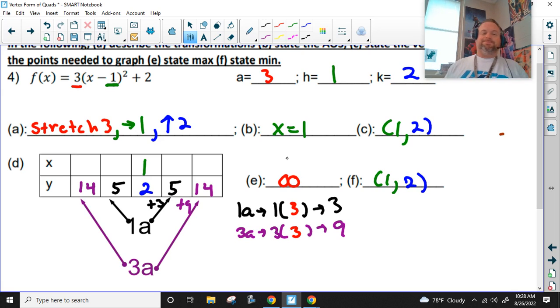Okay. So if we are finishing up our x's right here, if this is the number 1, what's just to the right of number 1? And then what's to the left? Just like it would be on the x number line.